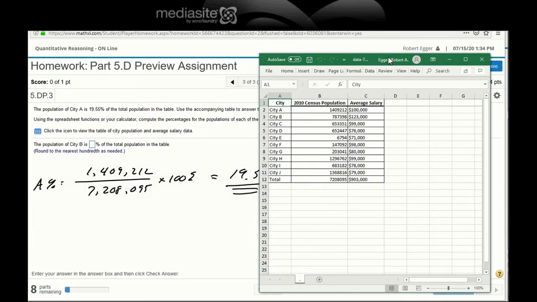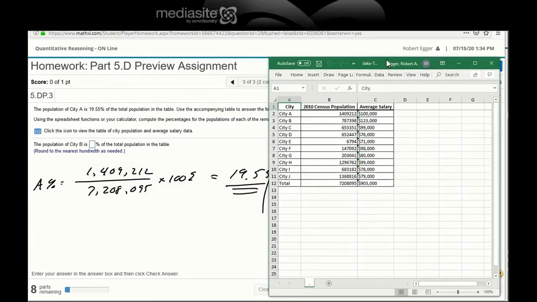All right. So I can do a column of percent. Again, we're going to be looking at basically these numbers divided by that number times 100 in percentages.